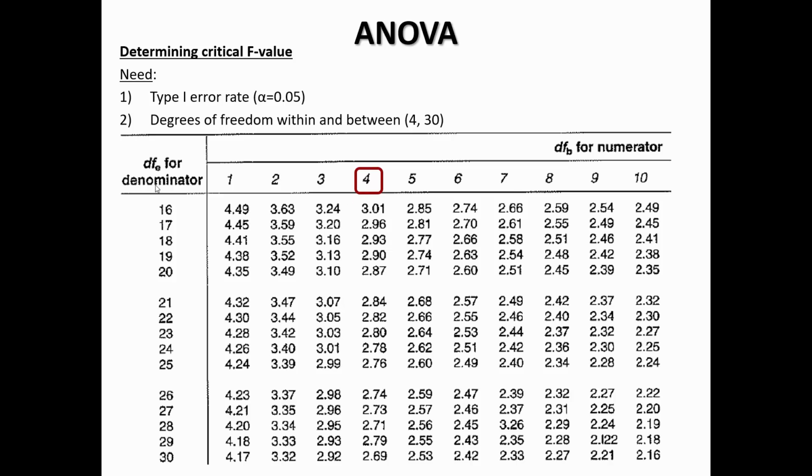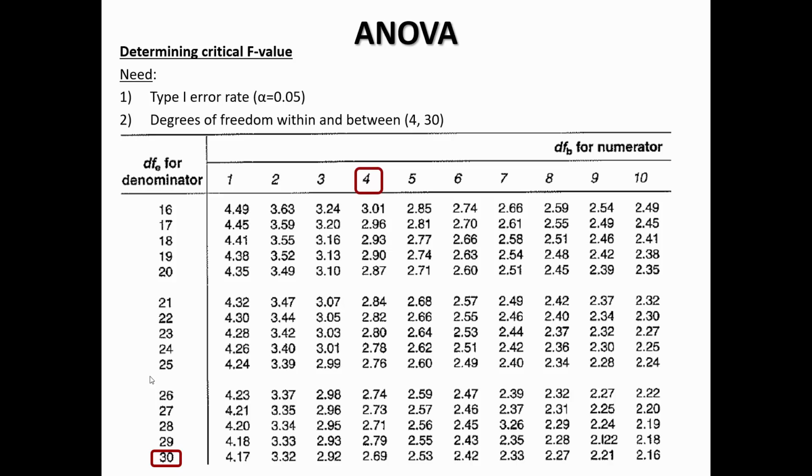We then go to the far left hand column and we look up our degrees of freedom for the denominator, and this subscript indicates error, but I use the term within in this context, so I'm using those terms interchangeably. So recall that this is to calculate that degrees of freedom. It's N, uppercase N, for the total sample size minus k.